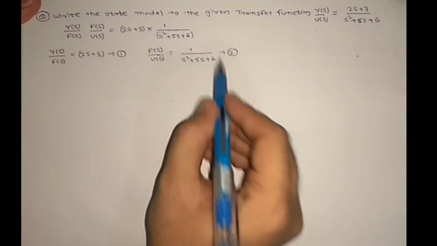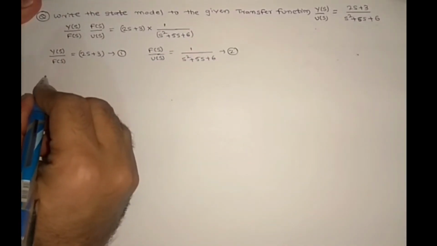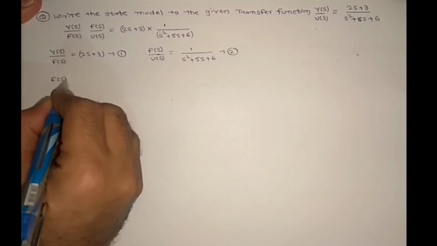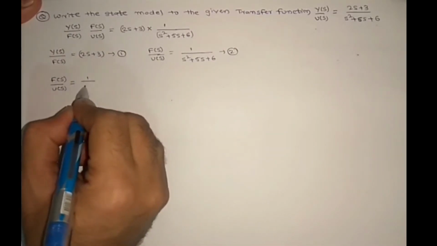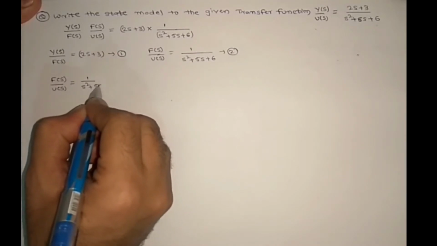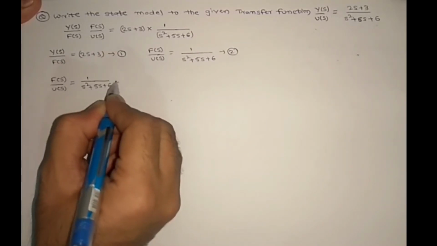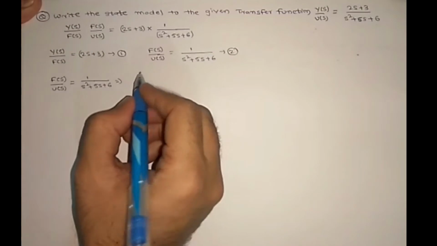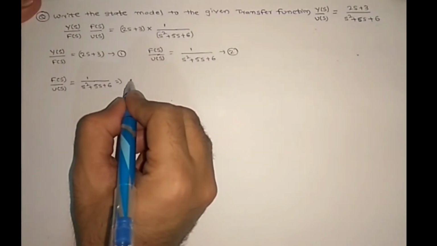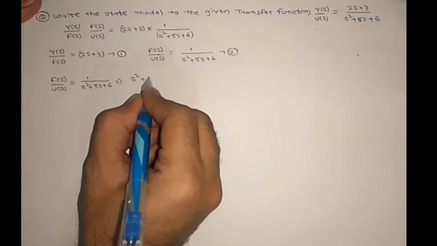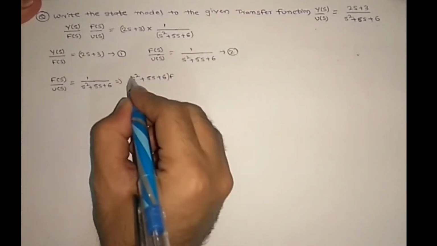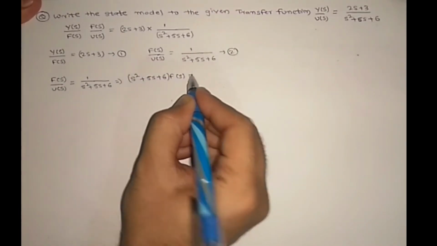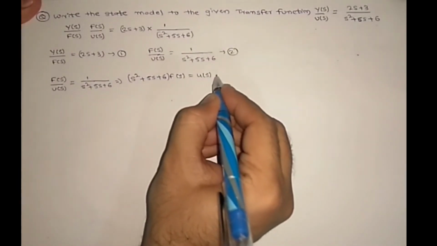So I am taking this second equation, f of s by u of s equal to 1 by s square plus 5s plus 6. Can I write it like this: s square plus 5s plus 6 times f of s equal to e of s.